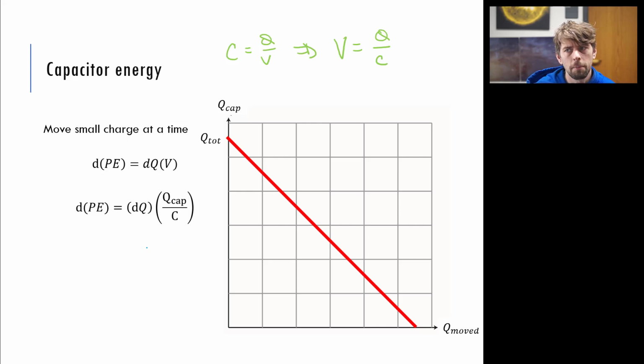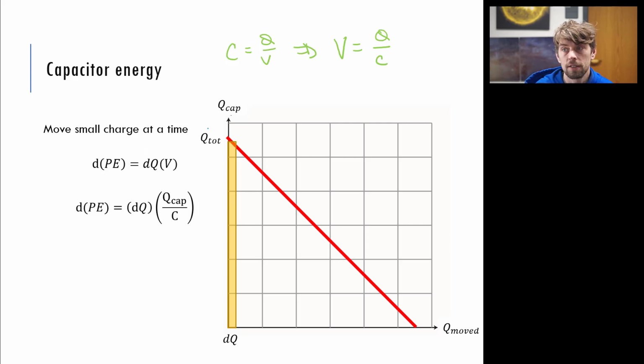Now, you can imagine for that first charge that I move, the capacitor charge is the total. And so you can think of that first little charge that I move across the capacitor. I think about the energy as simply being the area of that rectangle, divided by C, and that will tell us how much energy is released.